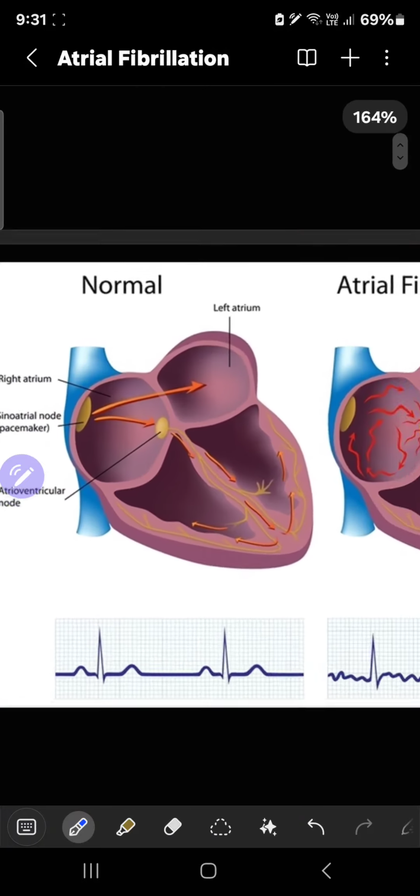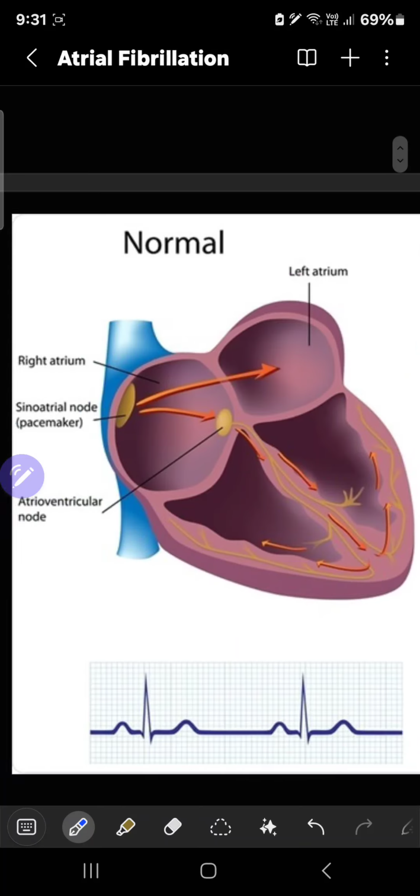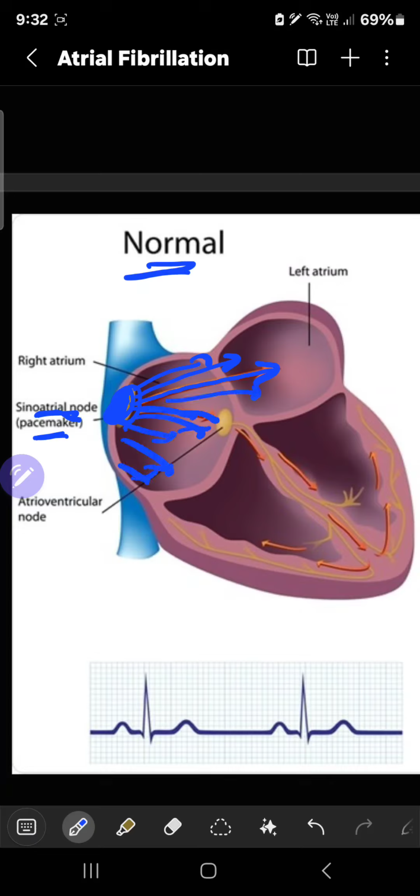If I can zoom here, this is the sinoatrial node where the impulse is generated. Normally, in the normal heart, when the sinoatrial node gets activated, it will send a number of waves in an equal fashion like this, and one wave will be going to the AV node.